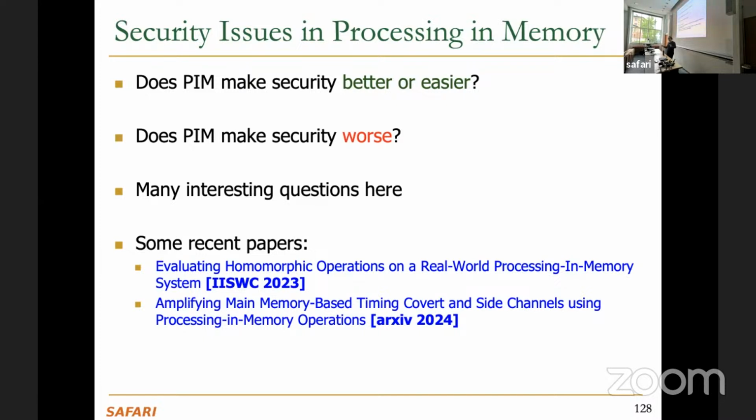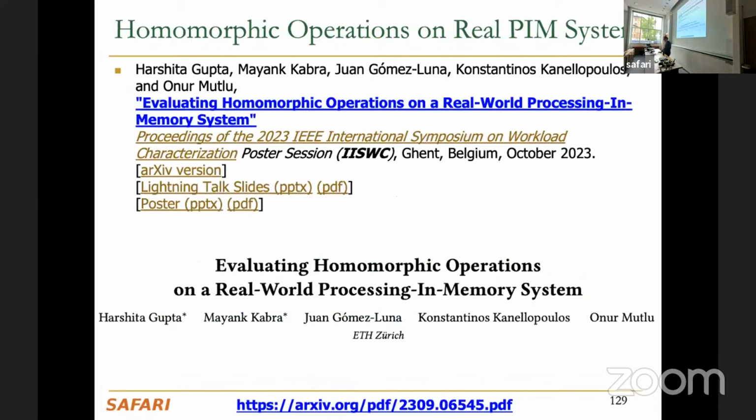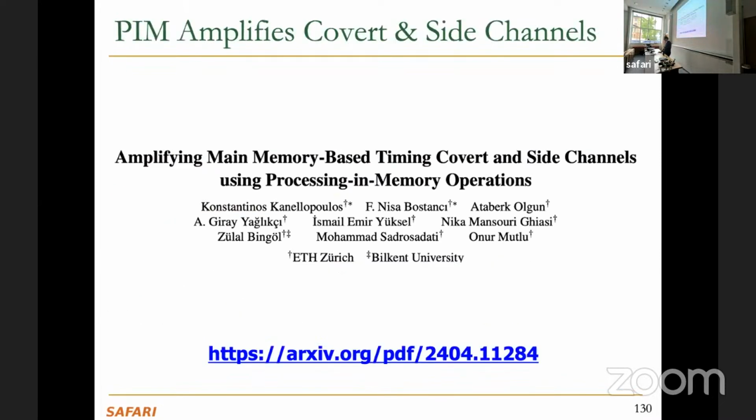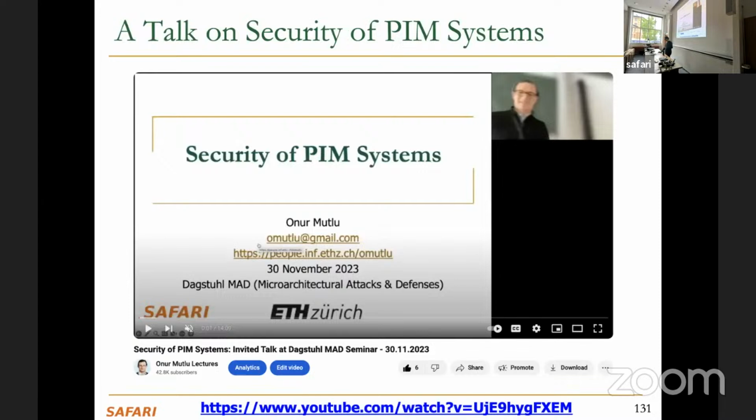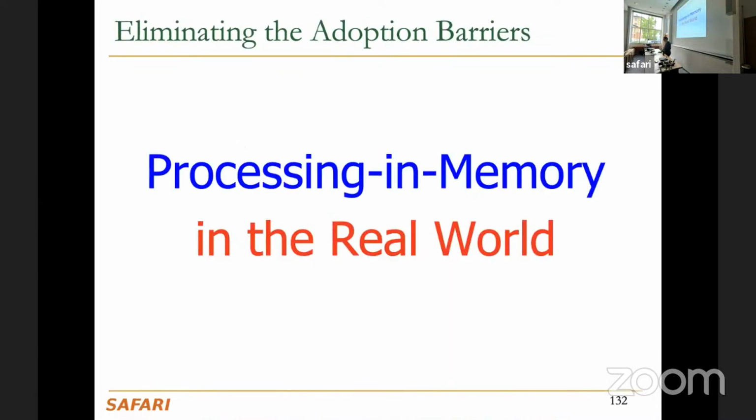Again, this is to give you a broad picture as opposed to going into each of these mechanisms, because each requires its own individual lecture, like how to do homomorphic encryption. But you can read and find out more. There are papers, and I actually gave a talk on this topic also.